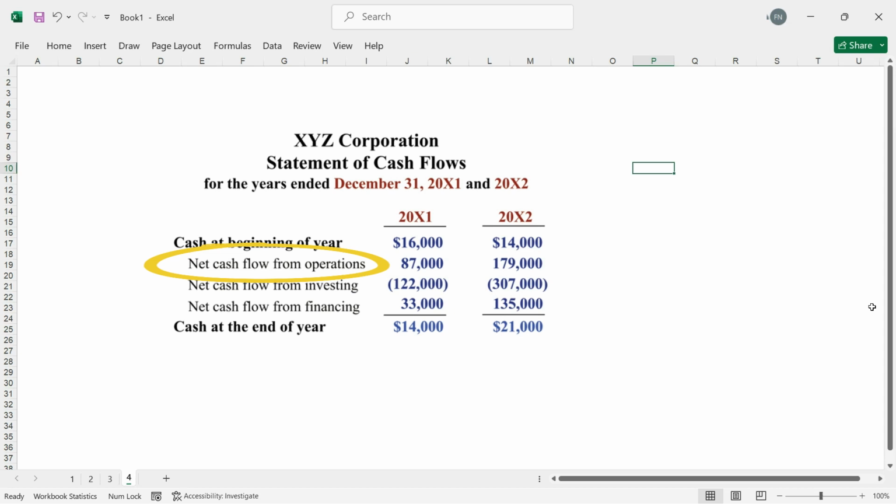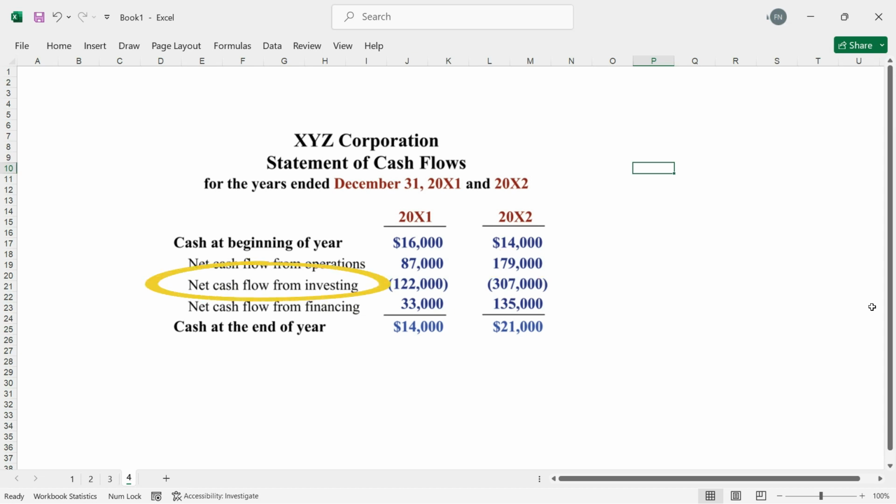That's the net cash flow from operations. And apparently in this particular case, we had $179,000 cash inflow to the business as a result of our operations and transactions with customers and our various costs of providing goods or services.